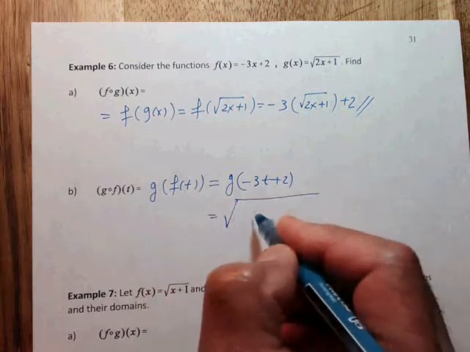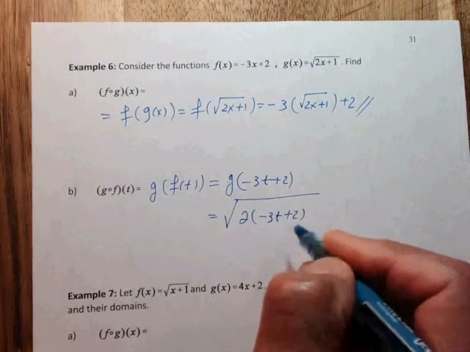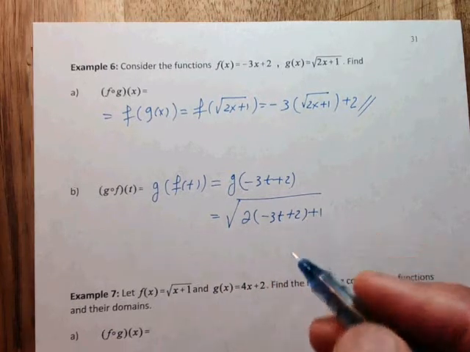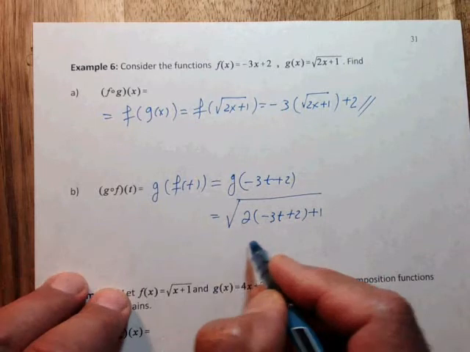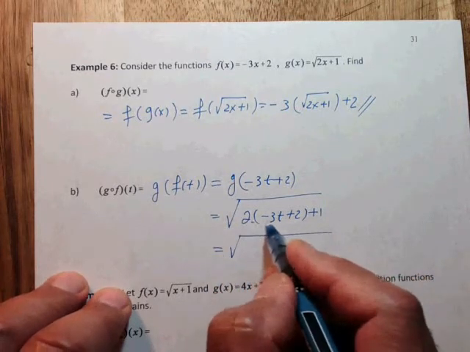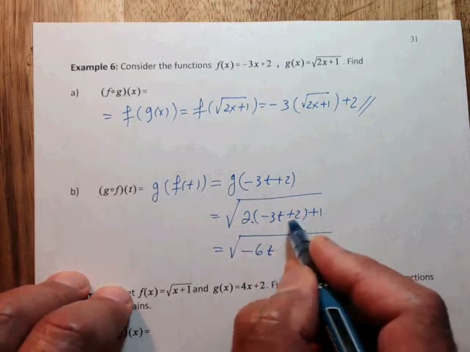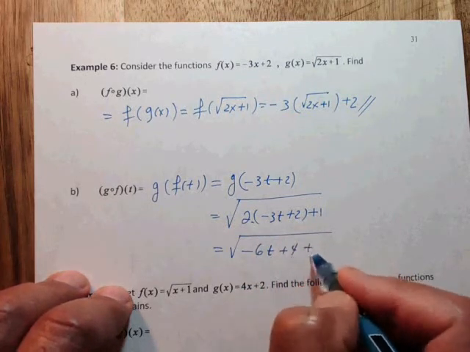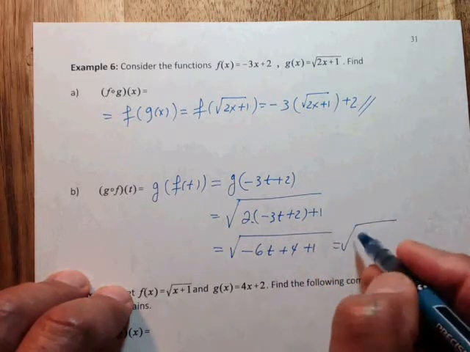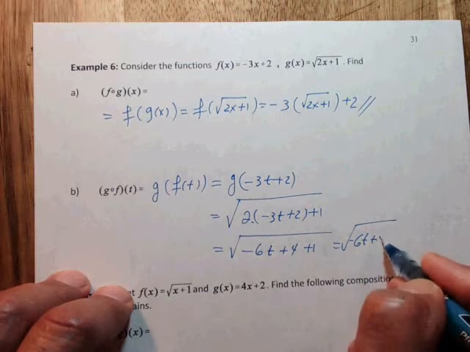So square root of 2 times negative 3t plus 2 plus 1. And you can simplify a little bit, not much. If you multiply, you get negative 6t plus 4 plus 1. So finally it's square root of negative 6t plus 5.